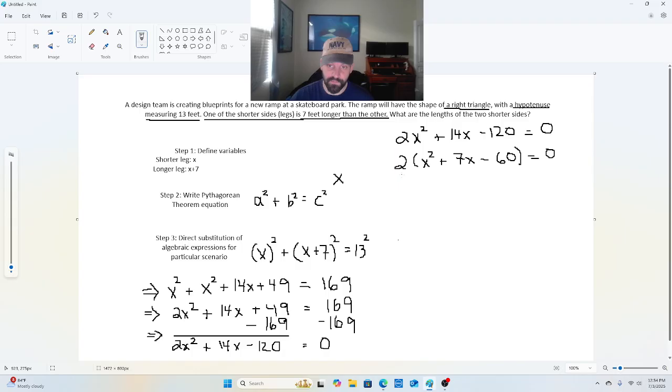Now what I'm going to do, to make things a little bit simpler, is divide both sides by 2 so we can get rid of that factor of 2. So all that we have now is x squared plus 7x minus 60 is equal to 0. Now, there are a couple ways you can approach this.